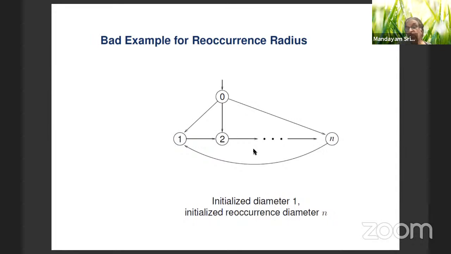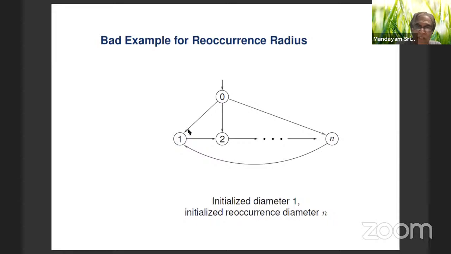But that is, as you said, in general hard to compute, and that's why we are using a looser bound, which is called the reoccurrence diameter. Sometimes they call it radius. The initialized reoccurrence diameter is the longest path from any of the initial states, in this case only one, that you can take without repeating any of the states, which here is the cardinality of the entire set of states.